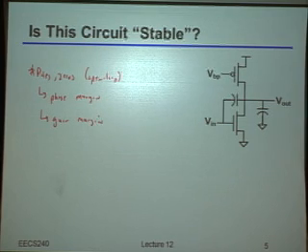Okay, any other tests you guys can think of? By the way, maybe to spur your thinking, when you say that there's a pole and a zero, what are you assuming about the circuit? Yeah, you're assuming it's linear. Anything else?